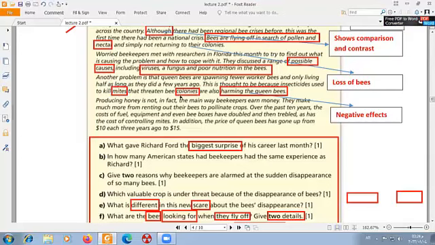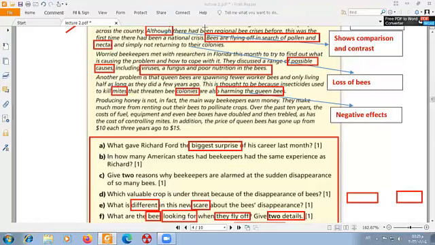But where did the main harm come from? From the insecticide. Did you get it? So the insecticide was used to kill the mites, but it also harmed the queen bees.